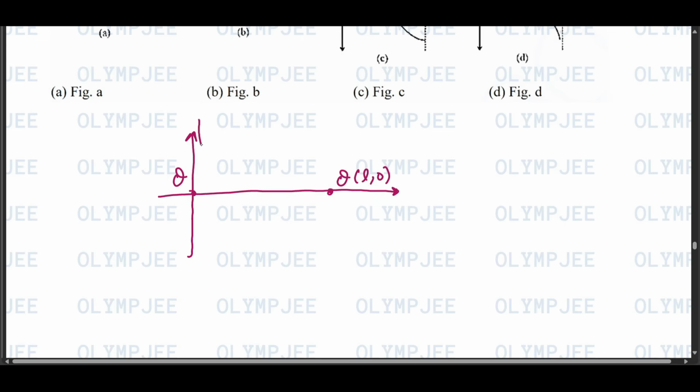So it will start something like this. And if we analyze just to the left of this Q, then it will be in this direction and it will be infinite. So in negative direction and infinite magnitude. And somewhere here there will be no field, because the fields in this direction and this direction will cancel. So it will be like this.